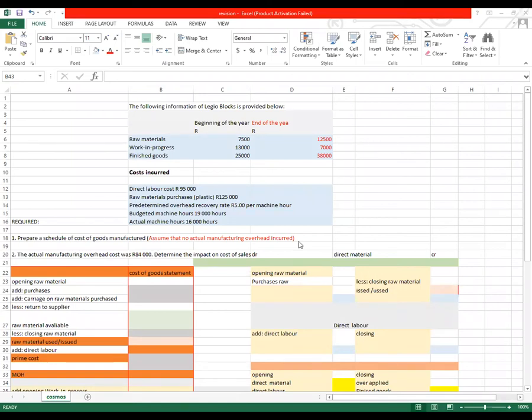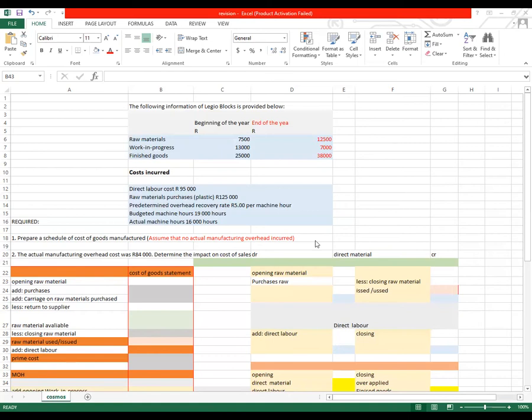We do this to link our previous session with this one. If they say there's no actual manufacturing overhead, what are we going to use as our manufacturing overhead if we don't have the actual one? Anyone who wants to try, guys?